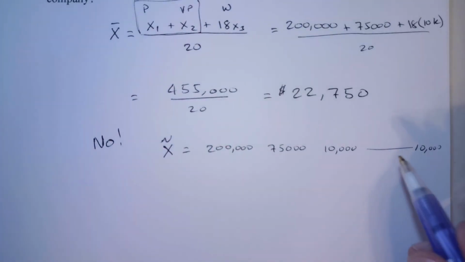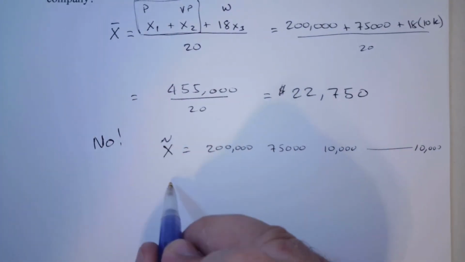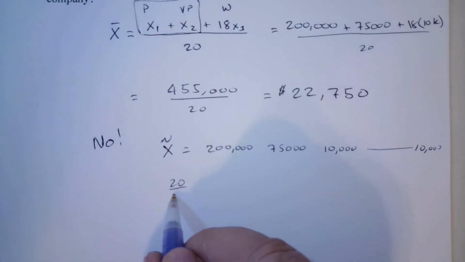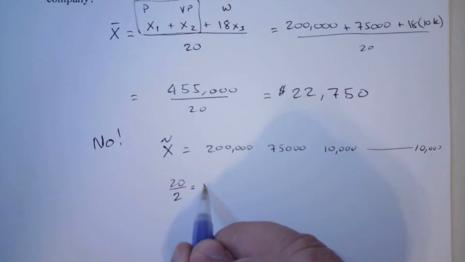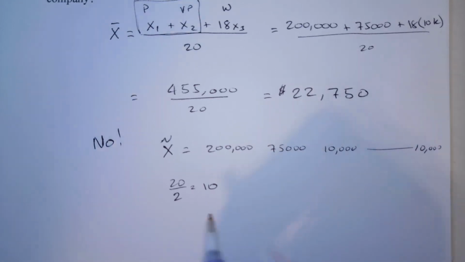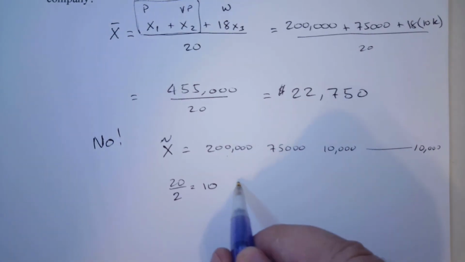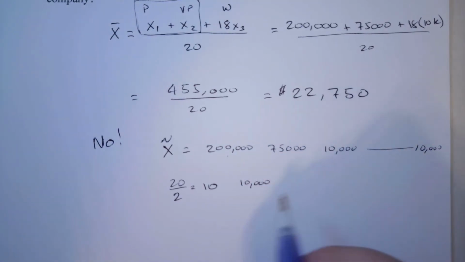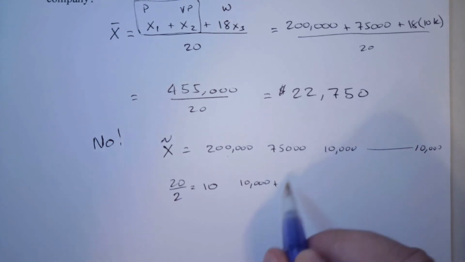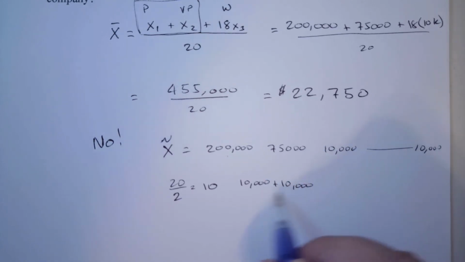There's 18 of them. Since there's 20, divided by 2, it's 10. Go to the 10th location. The 10th location is going to be 10,000. Go to the next one, the 11th location. That's also going to be 10,000.